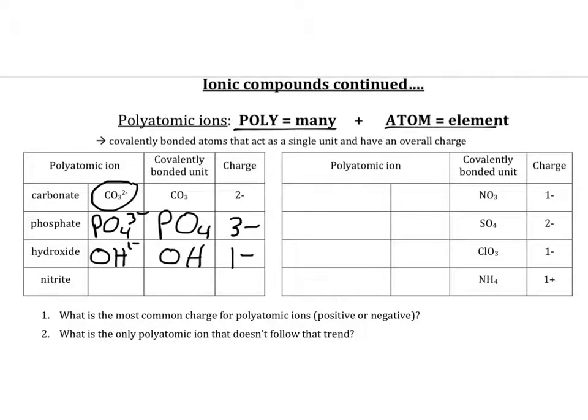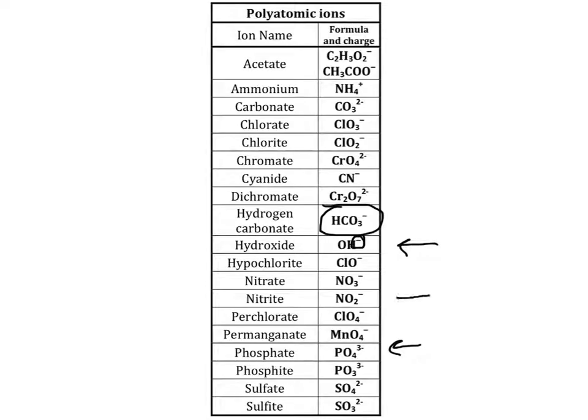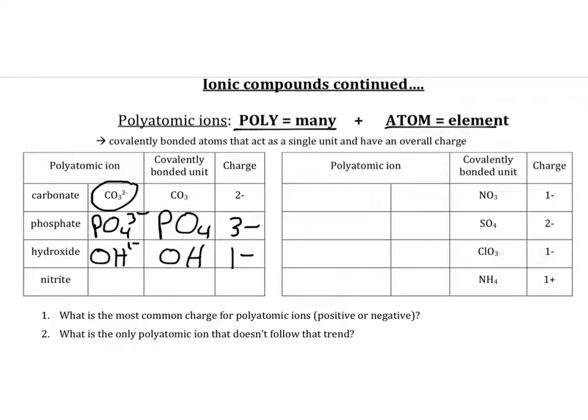All right, let's go ahead and do nitrite now. Nitrite, right here, NO2, and again it's a negative charge there, NO2 negative. And so the covalently bonded group is NO2, and because it's just a negative, that means it's a 1 negative.